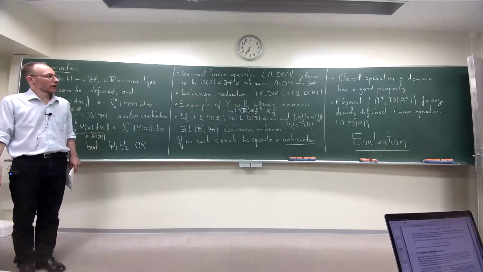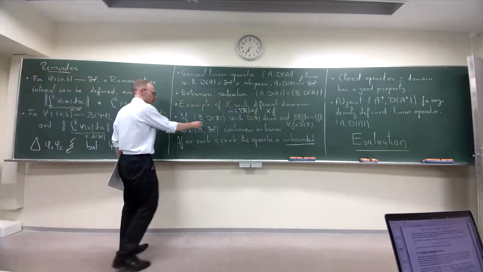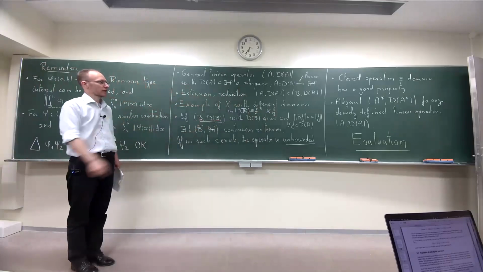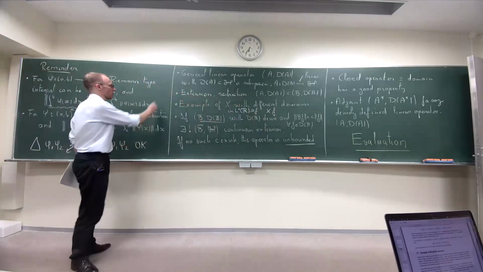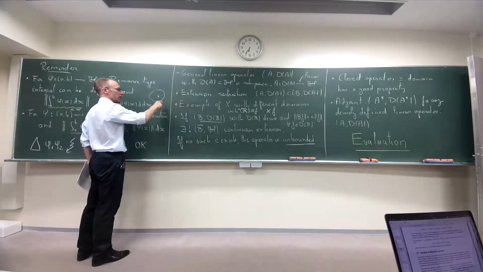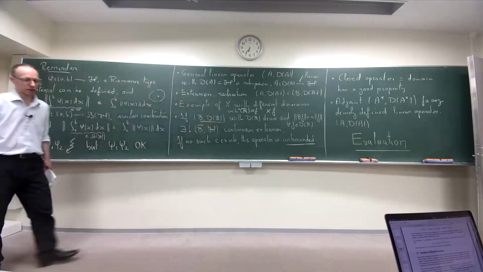All right. We have also seen that if you start with an expression like this, and we suppose that this domain is dense. Dense, remember, means you can approximate any element of the big domain by an element in this one up to an error of size epsilon.